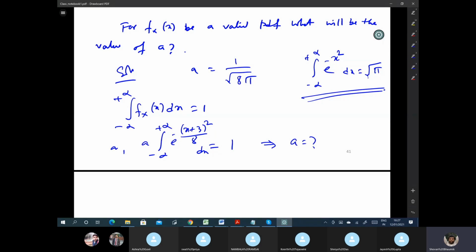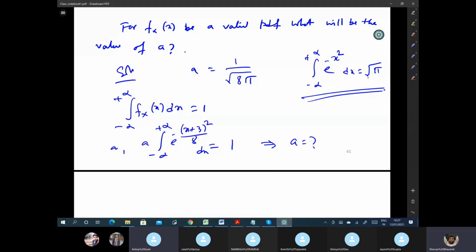And what Joyce says, the integral of e to the power minus x squared dx will be equal to square root of pi. So you take help of this and you will see what the value of this integral comes to, and a multiplied by that value will be equal to 1. Okay, so maybe that will come square root of 8 pi or something. Yes, sir, it is coming.